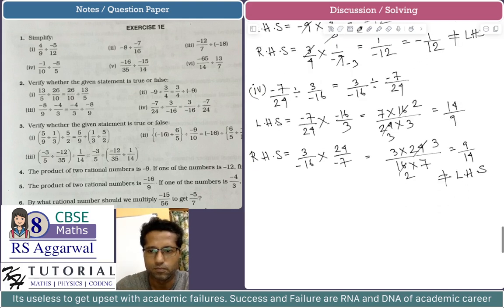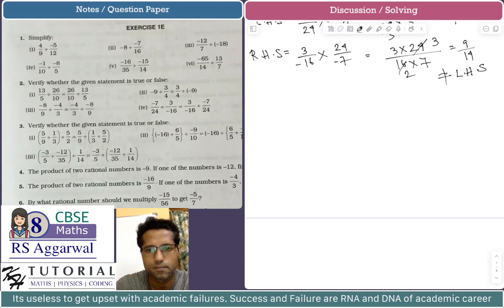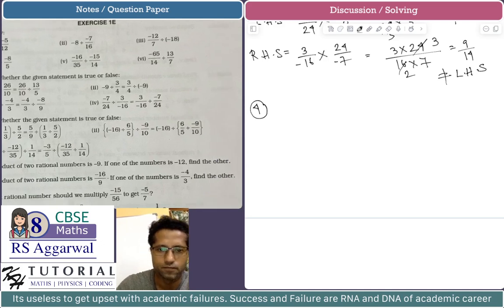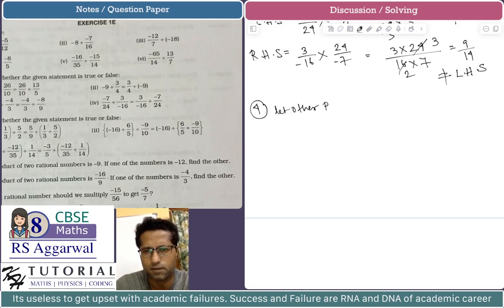Now let's do problem number 4. The product of two rational numbers is minus 9. If one of the numbers is minus 12, find the other. Let the other rational number be x.